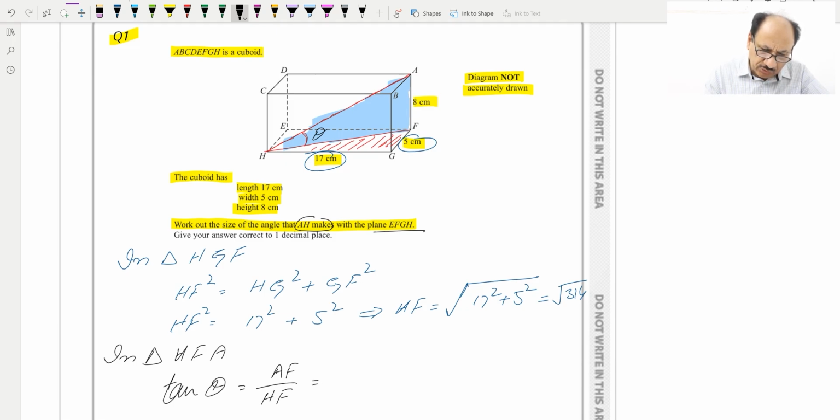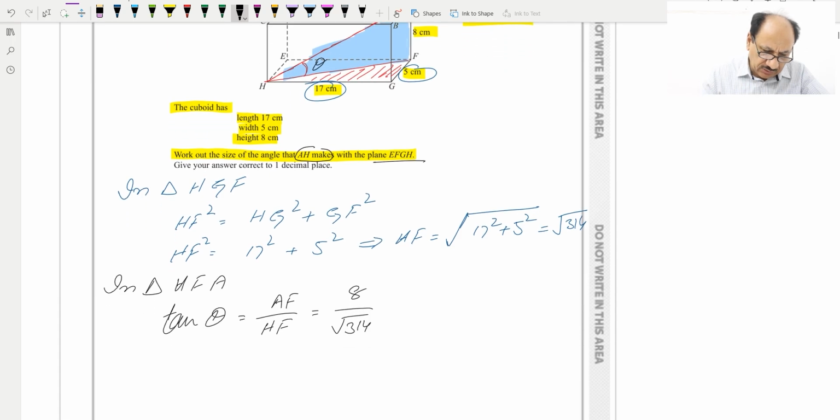AF is already given, which is 8. HF we calculated, which is under root of 314, so theta is equal to tan inverse of 8 over under root 314.